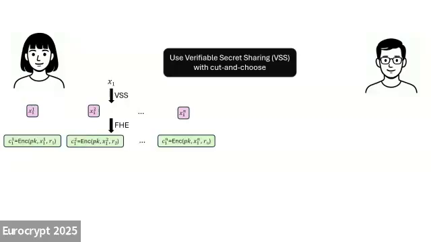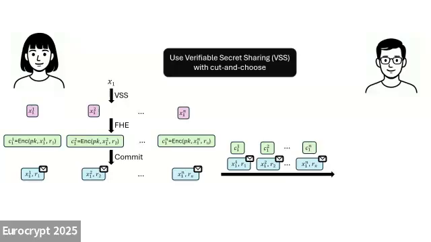It's going to encrypt each of these shares such that the second share is encrypted with R2. Similarly, the ith share is encrypted using randomness Ri. And then it is going to commit to these share-randomness pairs and give these commitments and the ciphertexts to Bob.